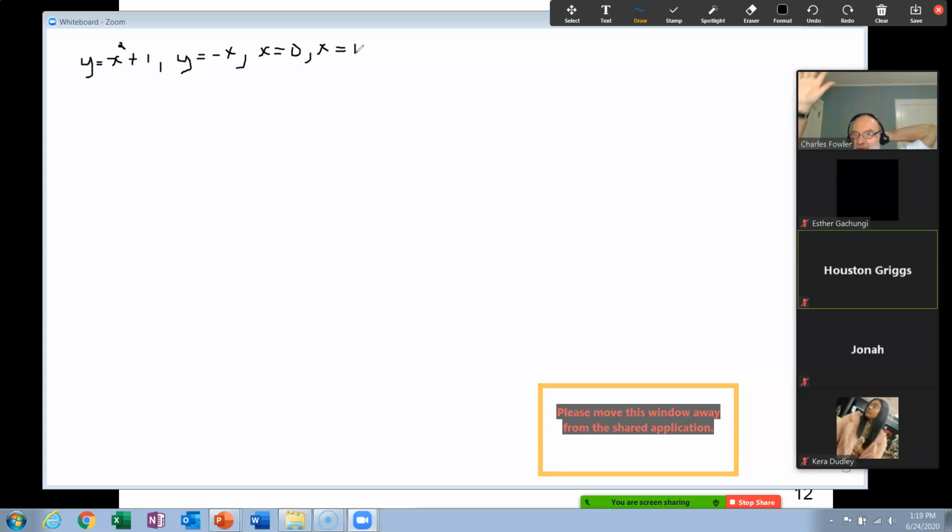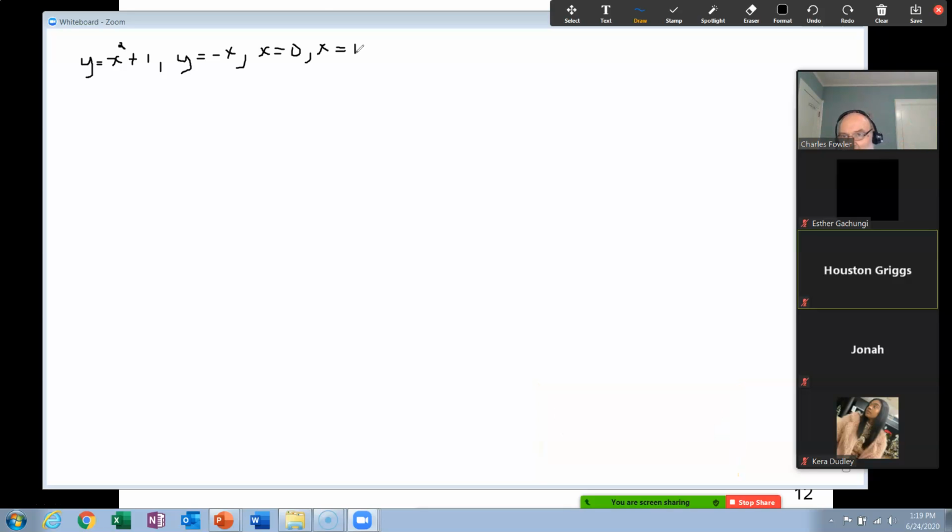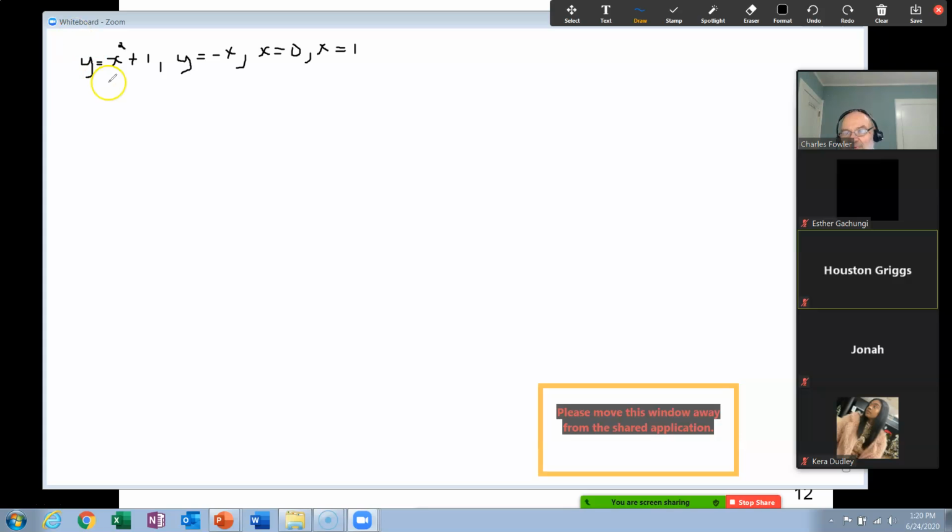Wonder if this is painful for you to watch me write as it is for me to write. But in other words, any x between 0 and 1 is positive, so x squared plus 1 is always positive and minus x is always negative. So obviously this one's on top. It says find the area of that region.